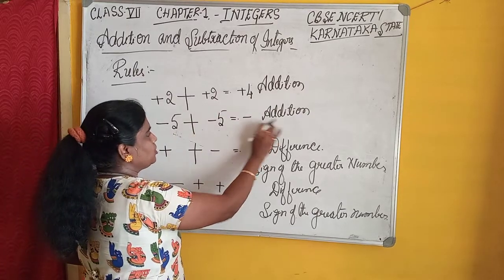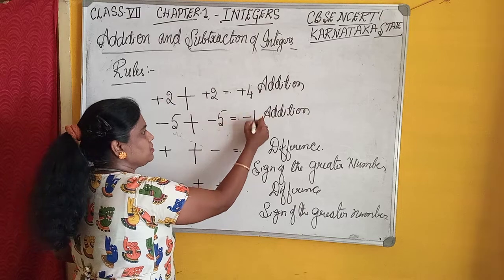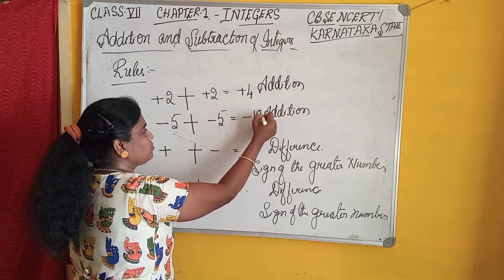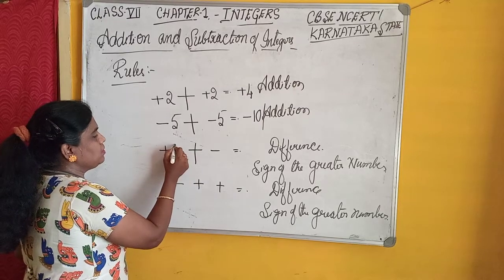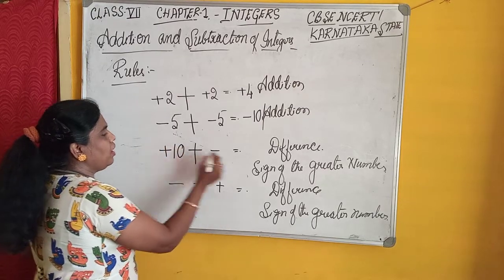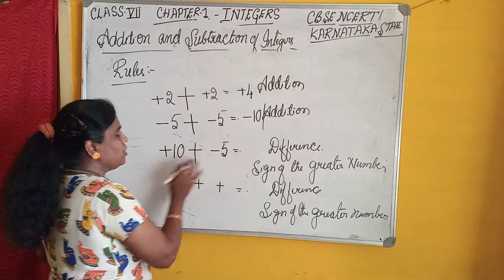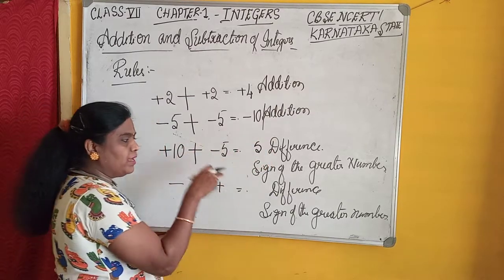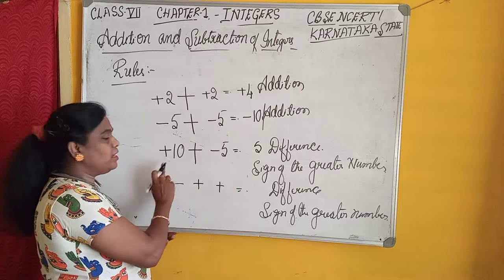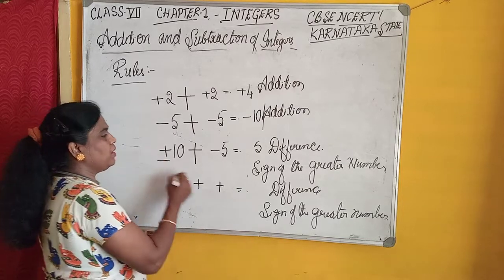We are doing the addition and putting the sign of minus. That is 10. Okay. Here plus 10 is there and minus 5 is there. You take the difference, that will be 5. And while writing the sign, you have to look at the greater number's symbol, that is plus.